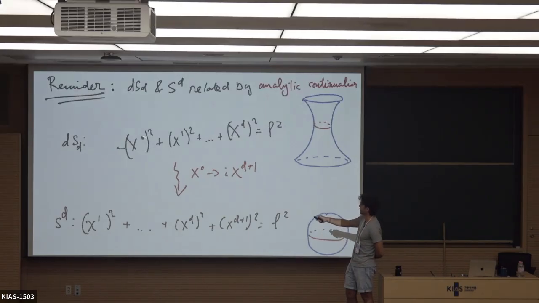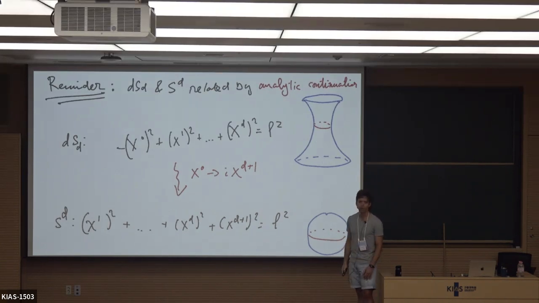Just by analytically continuing this first equation, we get exactly the equation for a sphere, and you get a very different picture. So this is the Lorentzian picture: you have an accelerating cosmology, and spatial volumes grow in time. In the Euclidean picture, everything is compact, and it's not easy to relate these two pictures.